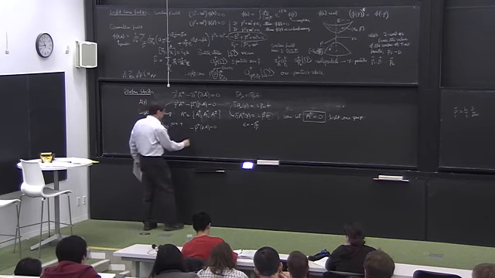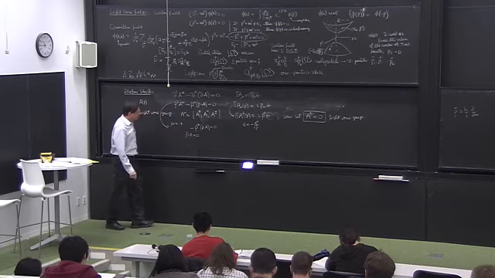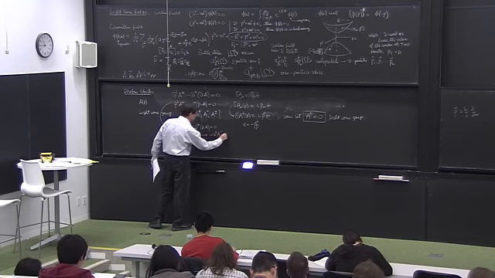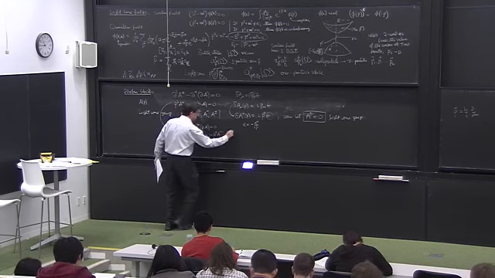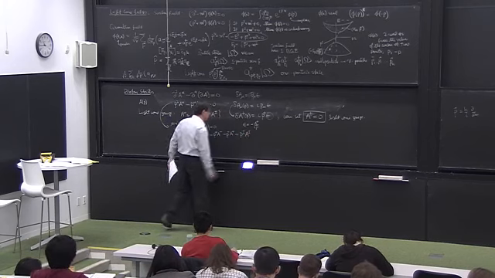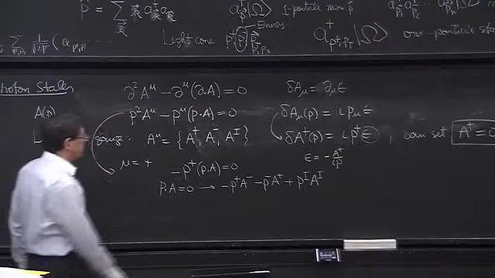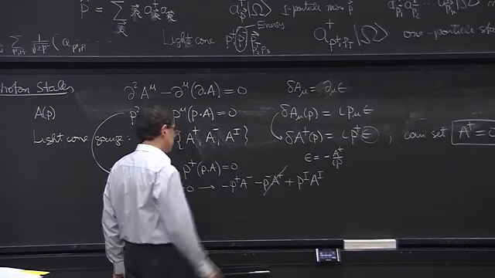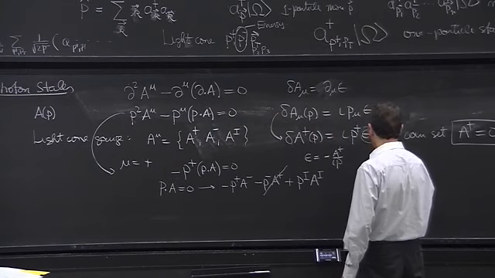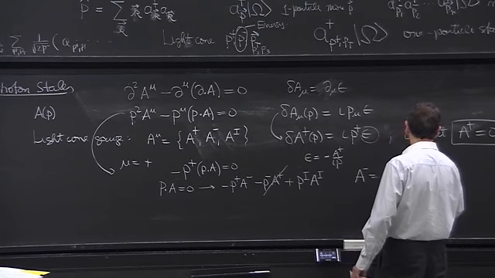So P dot A must be 0. And what is P dot A? Well, P dot A is minus P plus A minus minus P minus A plus plus P I A I. But this term is 0 because A plus is 0. So from here, we can solve that A minus is equal to 1 over P plus of P I A I.